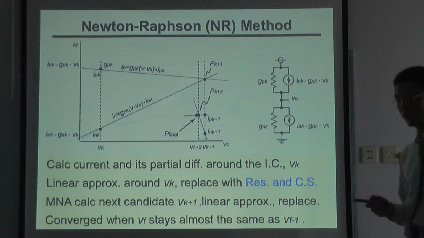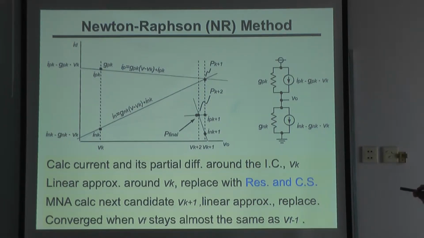So the SPICE simulation models, first we assume there is a Vk here. And once we know this Vk, we know this voltage and we know this current and this current.